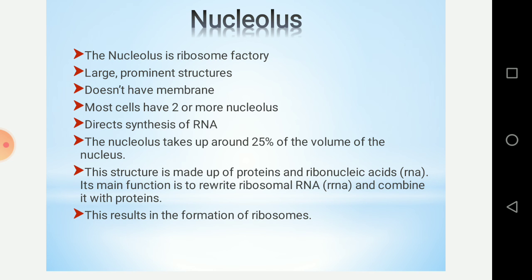It first produces the RNA and then combines it with the protein, and this molecule is called ribonucleoprotein. This results in the formation of the ribosome. After the ribosome is formed, it is transported outside and gets located on the endoplasmic reticulum, and that's why it is named the rough endoplasmic reticulum: the ribosomes get attached to the endoplasmic reticulum and give it a rough structure.